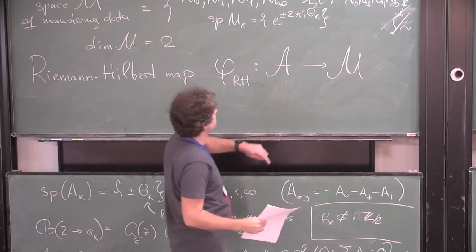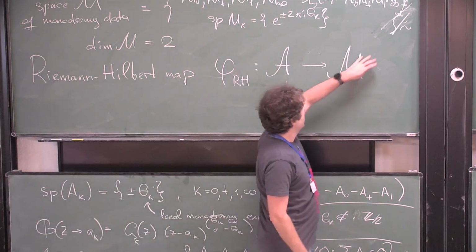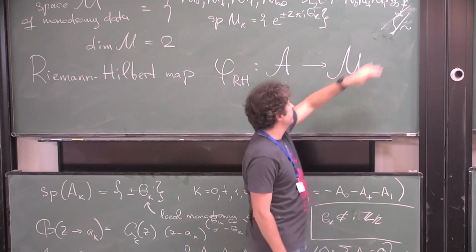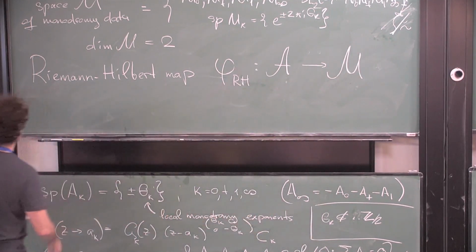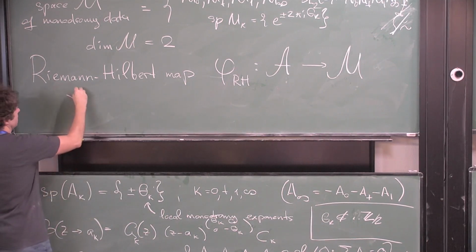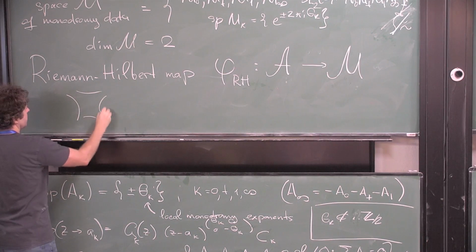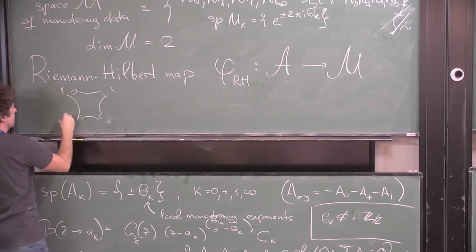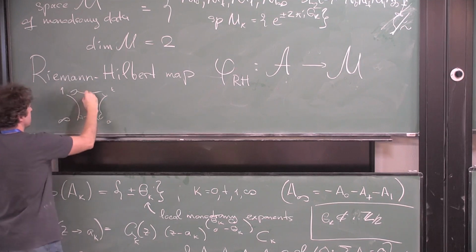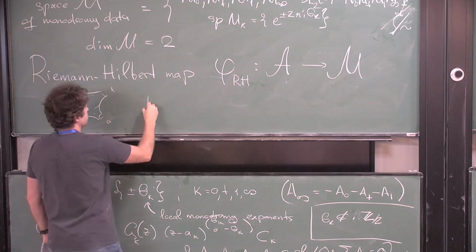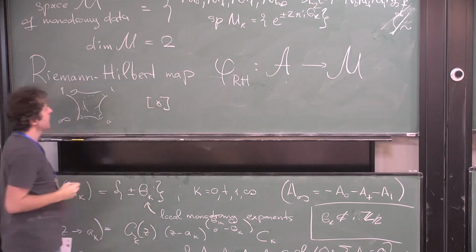So we can look, first of all, at special invariant functions on the space of monodromy data called trace functions. So if we have our four punctures here, and we have some closed loop on the sphere, let's say gamma.